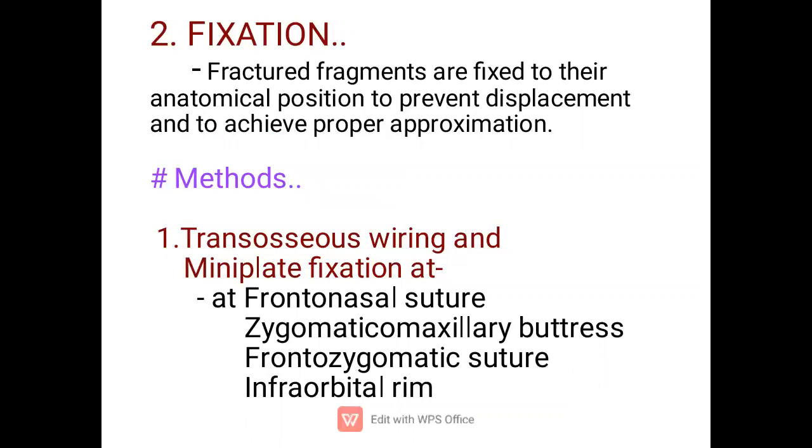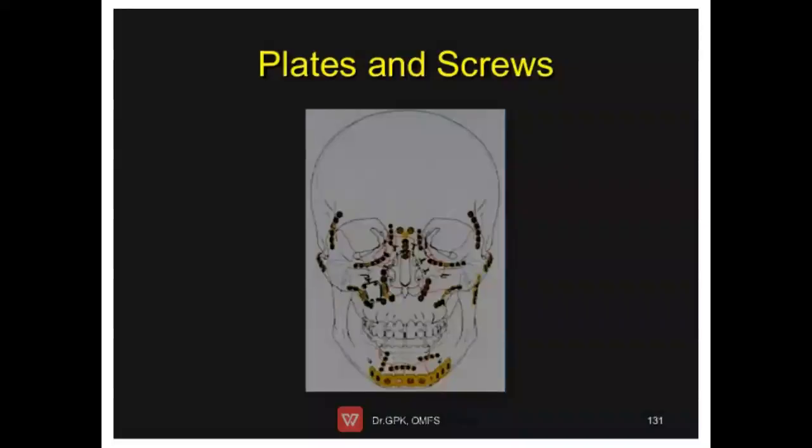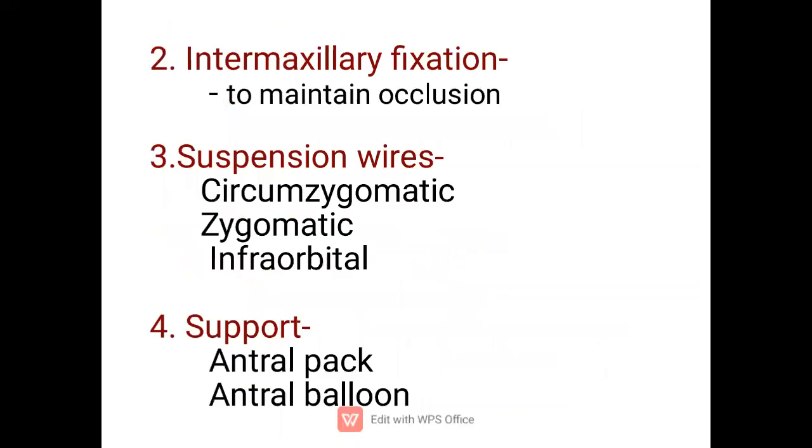Now this is 4-point fixation, but sometimes 3-point fixation is also sufficient. So here we can see the 4-point fixation at the frontozygomatic suture, frontonasal suture, orbital floor, and zygomaticomaxillary buttress area.